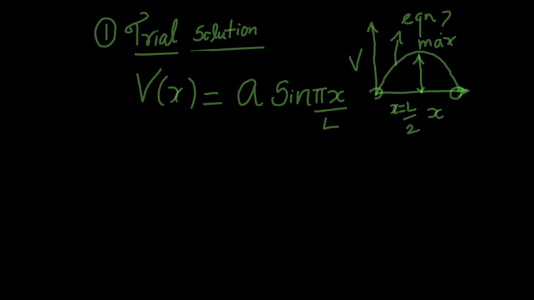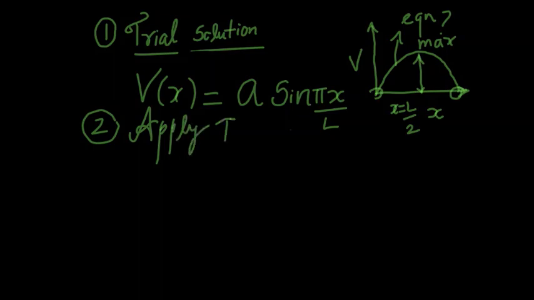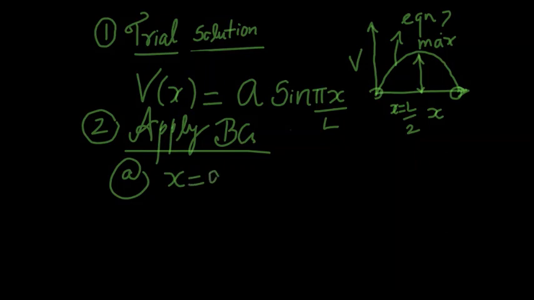So I will write the second step for you. The second step is when you apply the boundary conditions. So I will write that. Apply the boundary conditions. At x is equal to 0, if you substitute the value of x as 0 here in this equation, what is going to happen to the value of deflection?